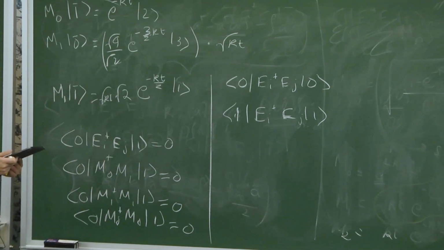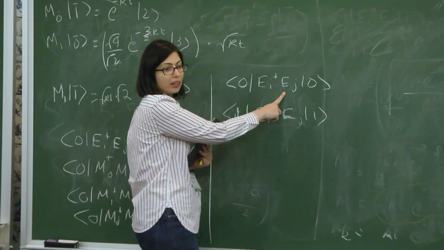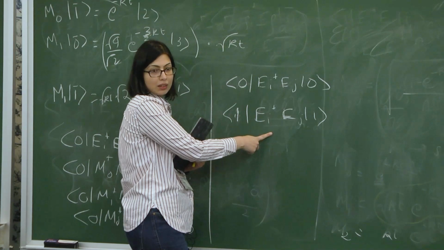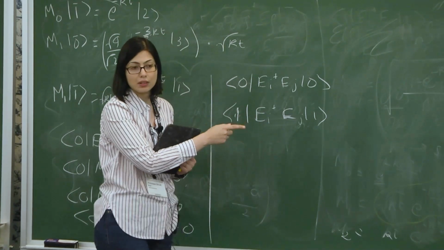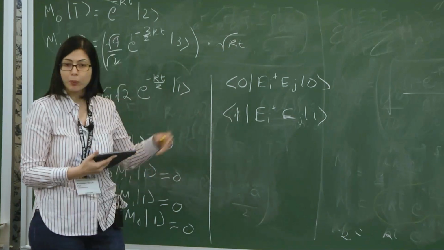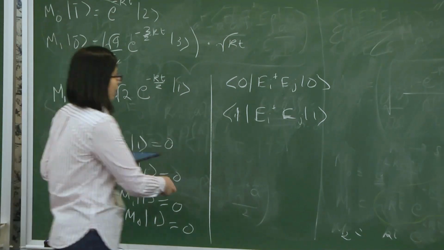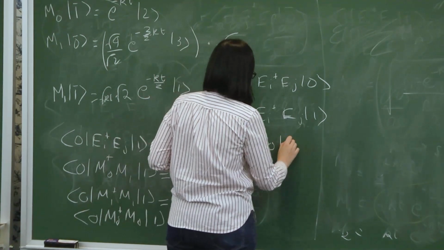So if EI and EJ are different, then both of them are equal to 0. So for I not equal to j, you have 0.